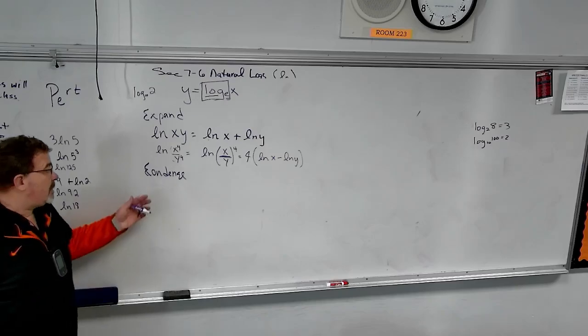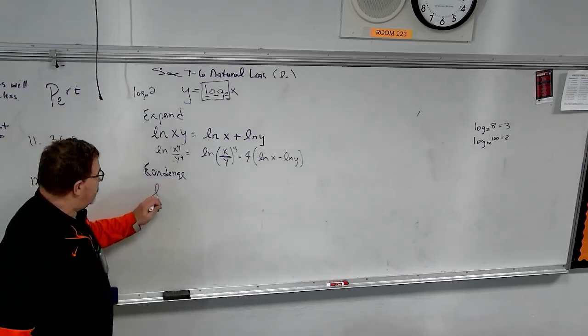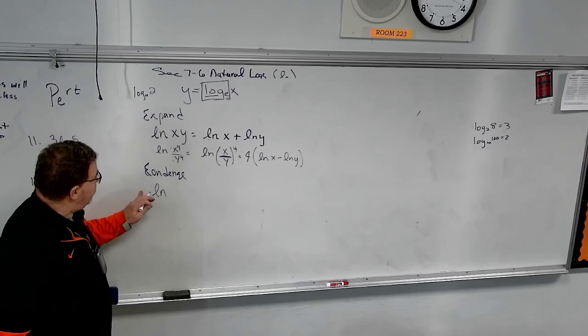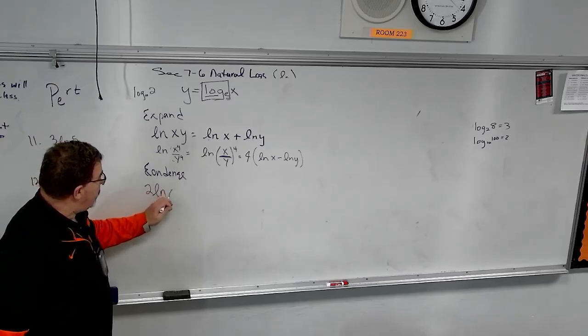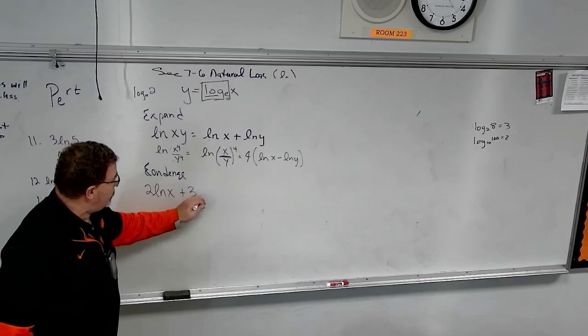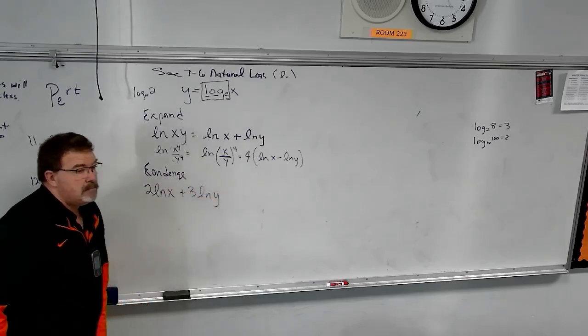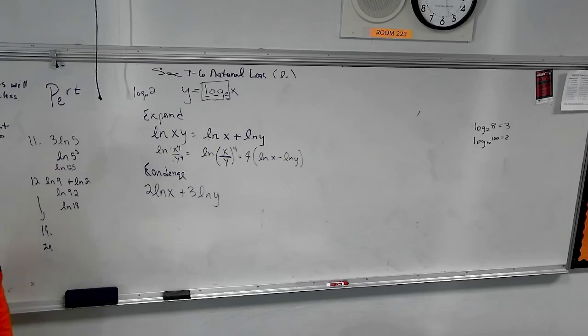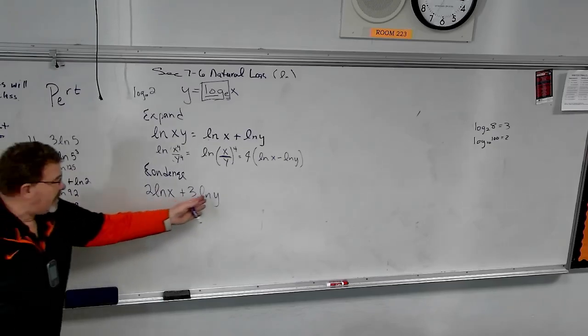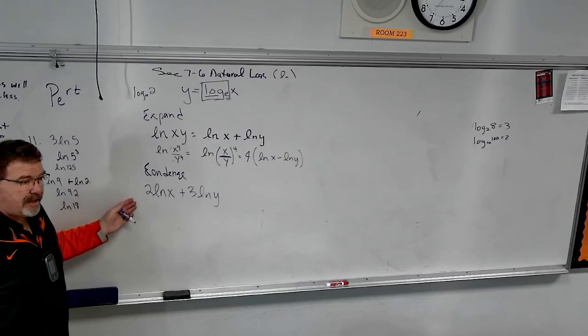Good. Condensing. They're going to do this. They'll go 2 natural log of x plus 3 natural log of y. Something like that. Okay? When you're condensing, you just work left to right. You don't worry about stuff over here. I just work left to right.